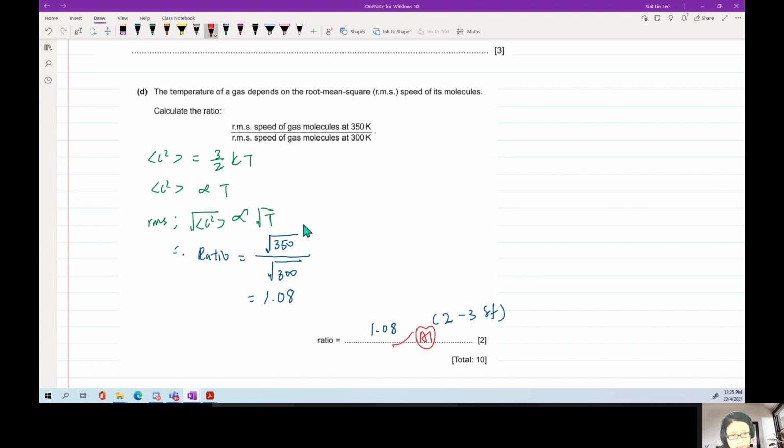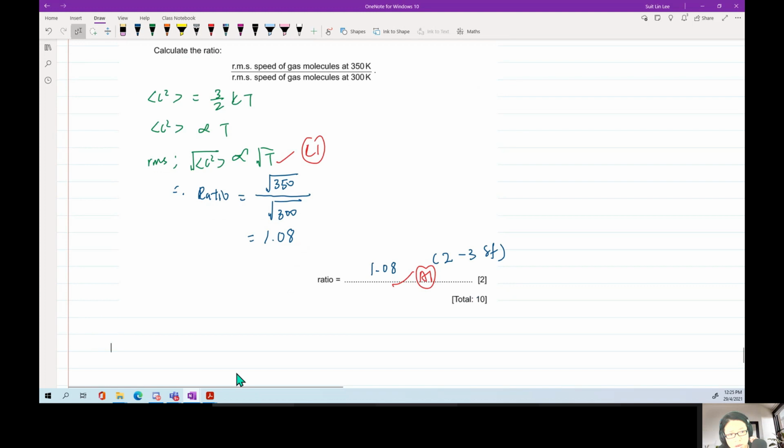And also the proportionality relationship, this one is 1 mark. So the idea that you know that mean square speed is proportional to temperature or root mean square speed is proportional to square root of T. Please remember the square root. That's the question. Not much for this one. It's pretty straightforward. I'm going to move on to the next type of question from summer 20.